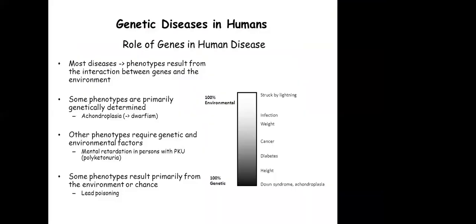And which diseases are purely environmental, that one you know, like accidents, being struck by lightning, those are purely environmental. In between, there are those that have a mixture of both environment and genetics. And these are some of the things that are now being researched. Are there diseases which have more of a genetic basis than environment, and so forth.